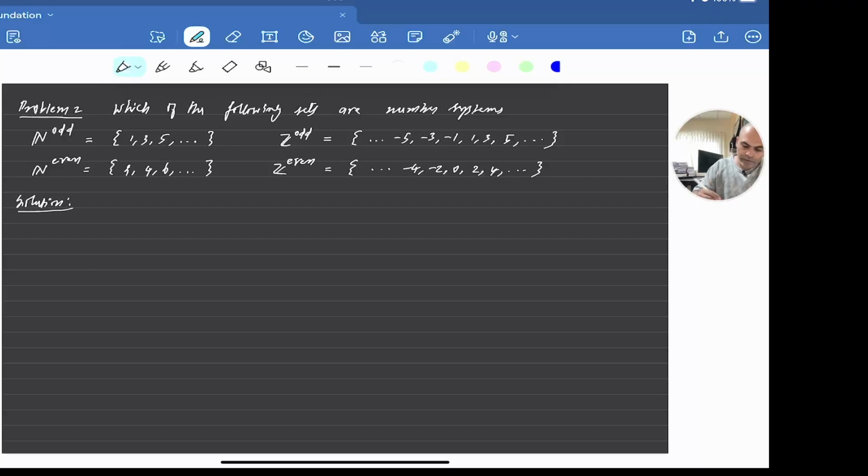Let us consider the first case, odd natural numbers. For example, two odd numbers, let's write them as 2n plus 1 and 2m plus 1, so that these two numbers are odd natural numbers.